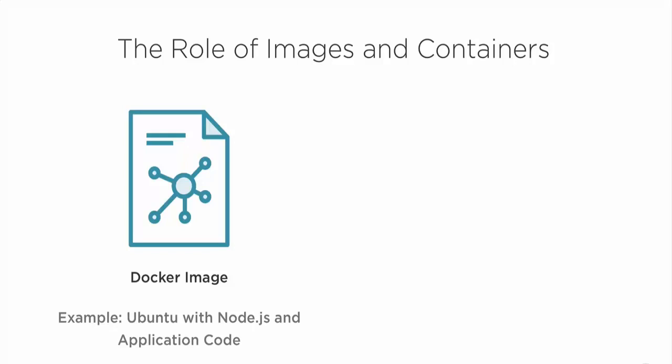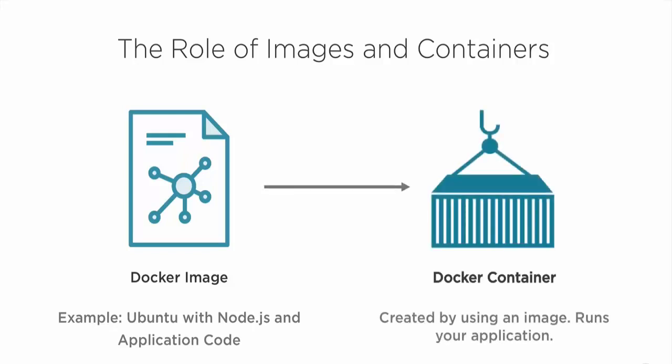Now, the image itself is not overly useful because it just is the definition. Think of it as the blueprint that's used to actually get a running container going. So if you go back to the shipping analogy, think of some person who does some CAD drawings of what's going to go in the shipping container, maybe even how they're going to arrange it in the shipping container.